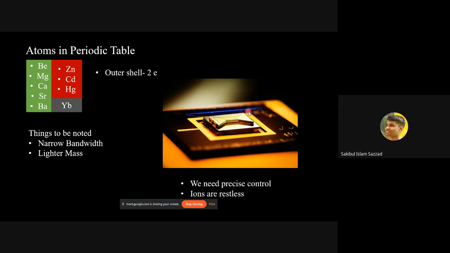So atoms or ions are totally restless. The thing is, the lighter the mass, the more we can control and bring it to rest. We don't want to work with something that is moving to and fro, but with something that we have control over. So basically that's the reason IonQ chose ytterbium.